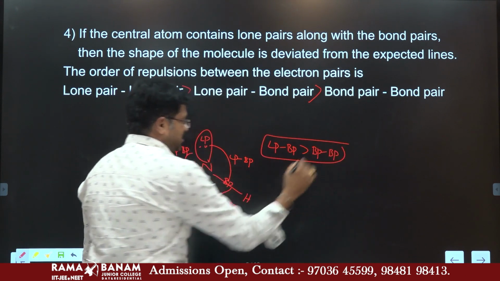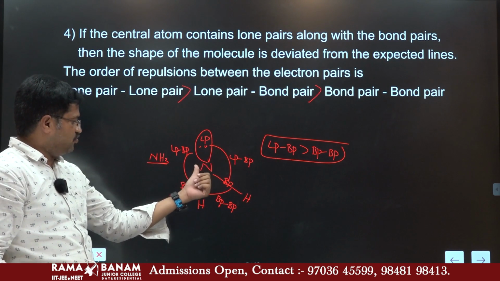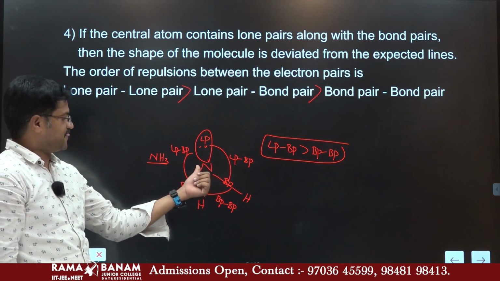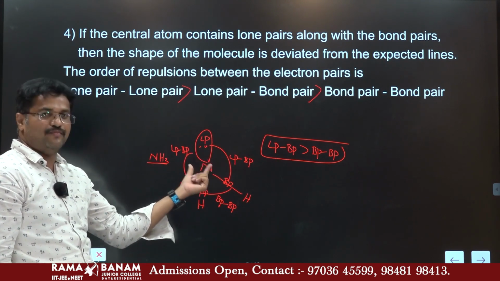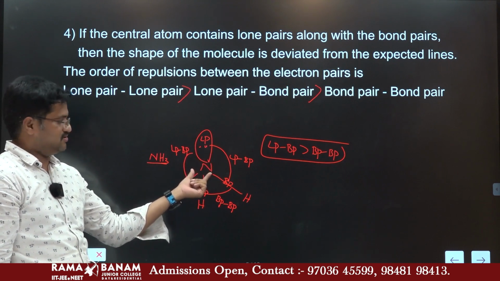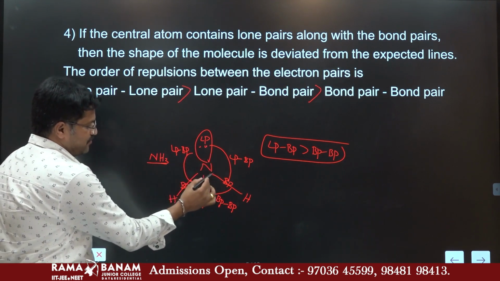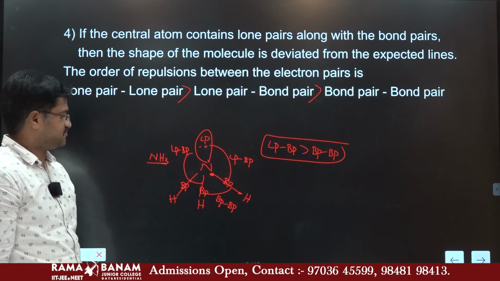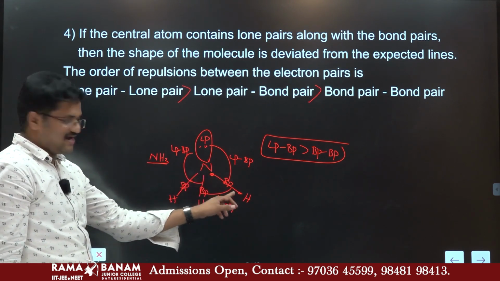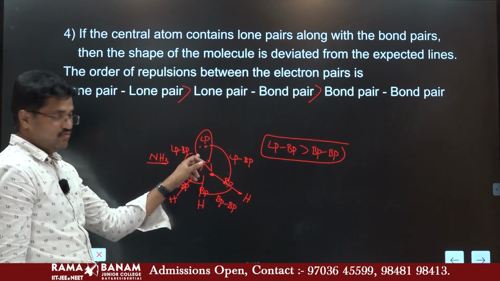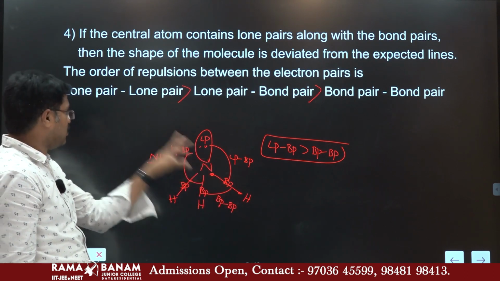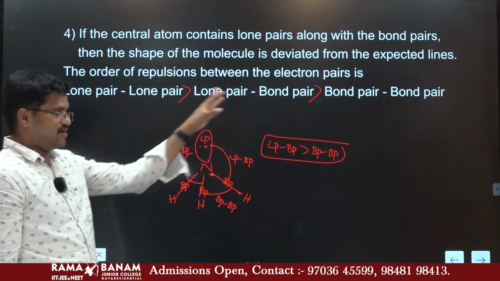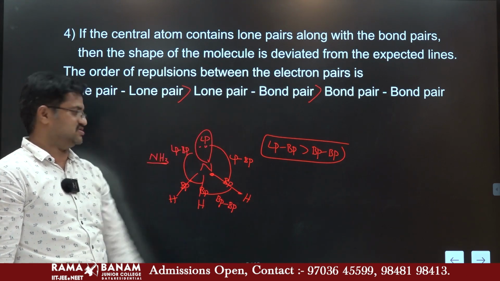The main reason is that the lone pair belongs only to the central atom, nitrogen. So lone pairs occupy more space on nitrogen, but the shared pair of electrons, or bond pair, belongs to both the central atom and the bonded atom. Here the electron pairs are shared, but the lone pair belongs only to the central atom. That's why lone pair-bond pair repulsions are greater than bond pair repulsions.